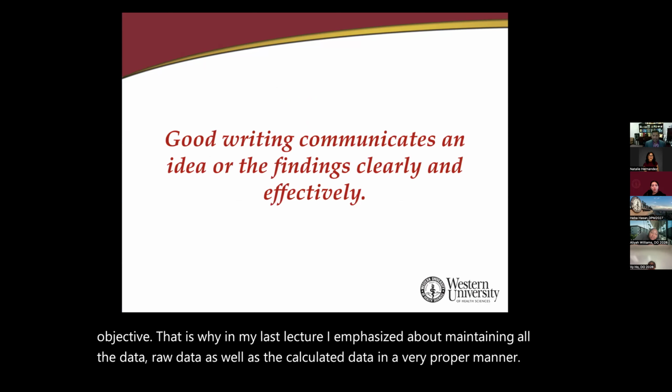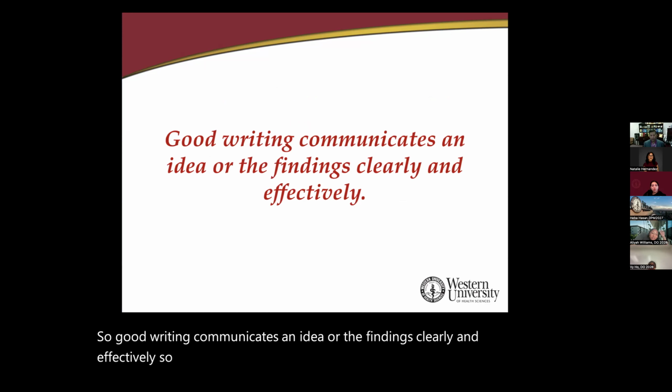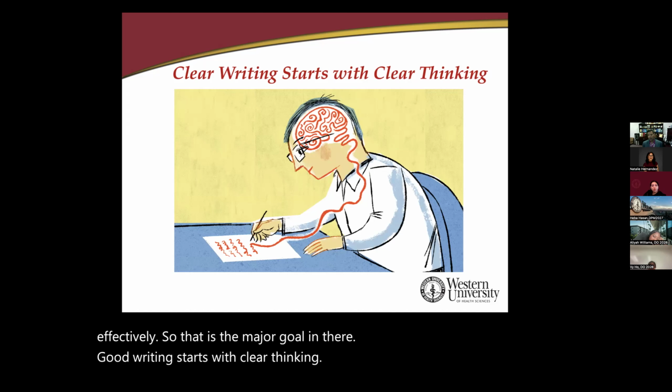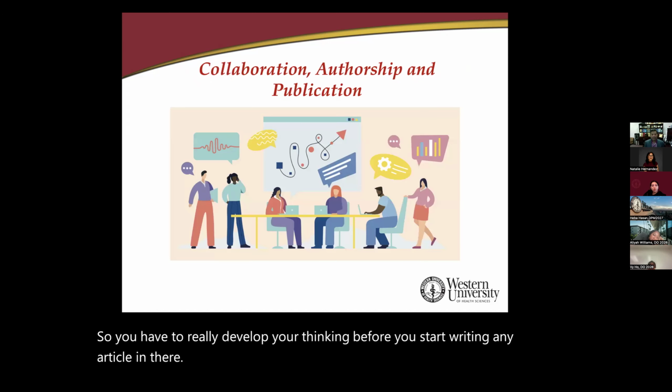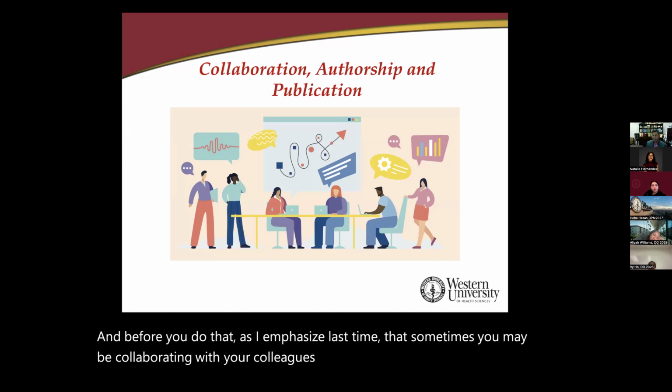Good writing communicates an idea or findings clearly and effectively. That is the major goal. Good writing starts with clear thinking, so you have to really develop your thinking before you start writing any article. And as I emphasized last time, sometimes you may be collaborating with your colleagues or other investigators.